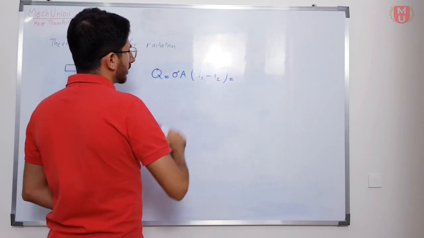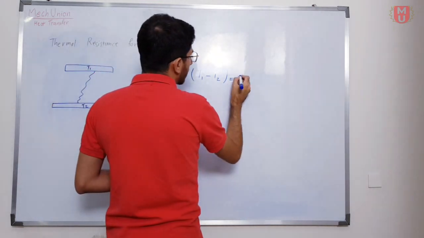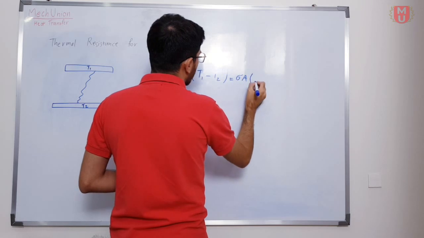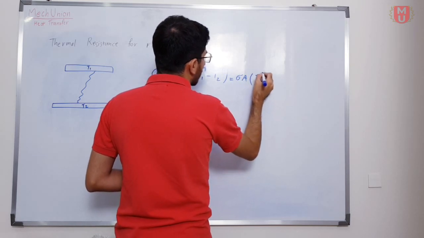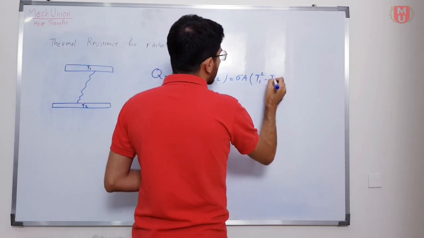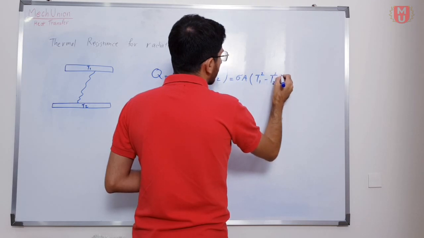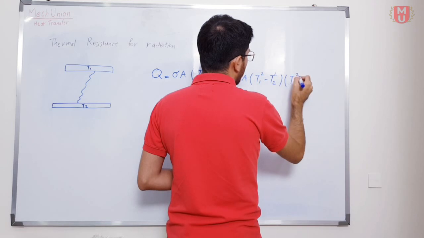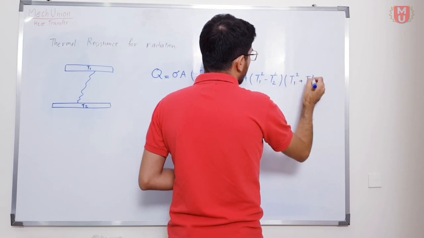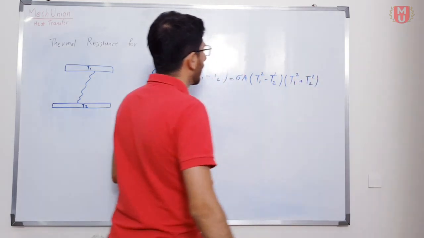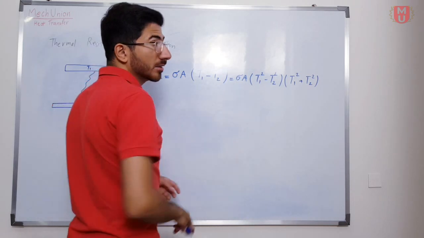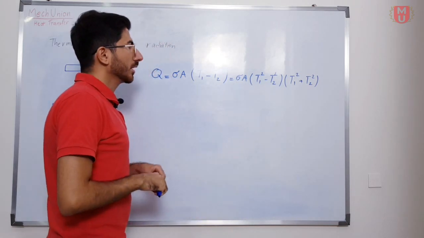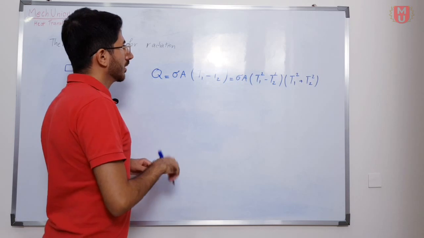It says, by mathematical relation, sigma A times T1 squared minus T2 squared times T1 squared plus T2 squared, to reach the T1 minus T2, that is our original formula.